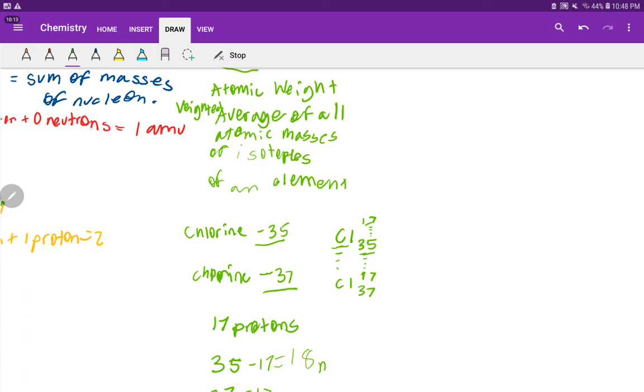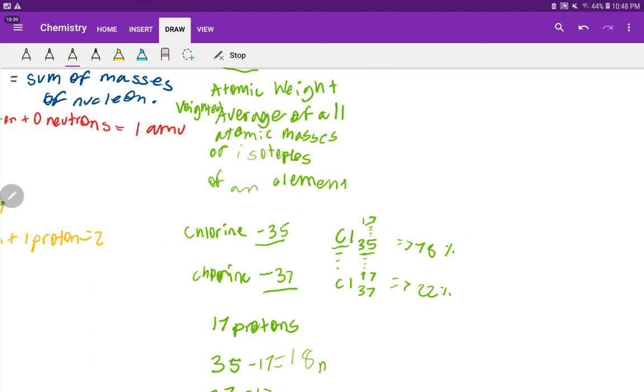So now, let us calculate the atomic weight of chlorine. So, we know that chlorine-35 appears roughly 78% in nature, and chlorine-37 occurs roughly 22%. Okay?